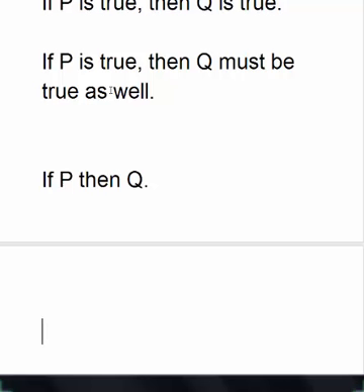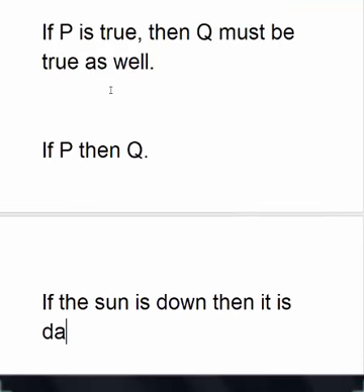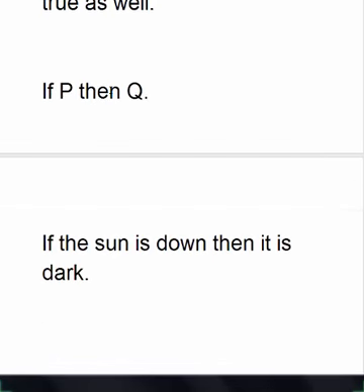Let's make it into a real proposition. If the sun is down, then it is dark. We're not saying this is true, but it's an if-then. What we're saying here, we're not saying that the sun is down, and we're not saying that it is dark.